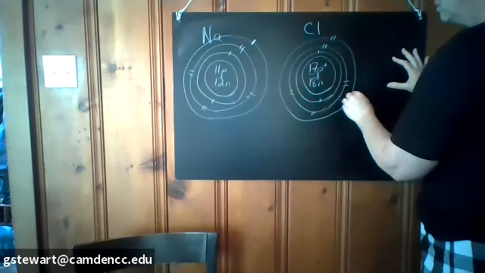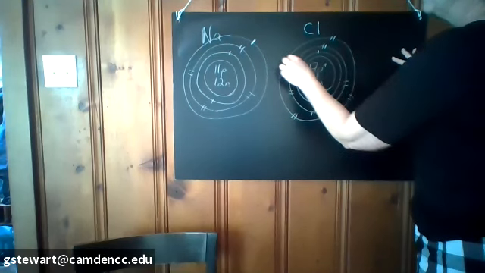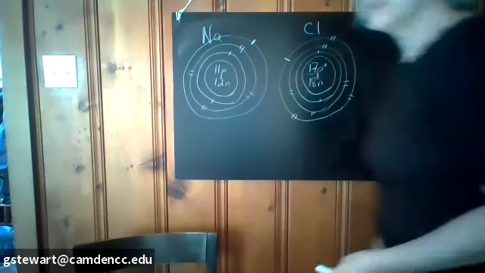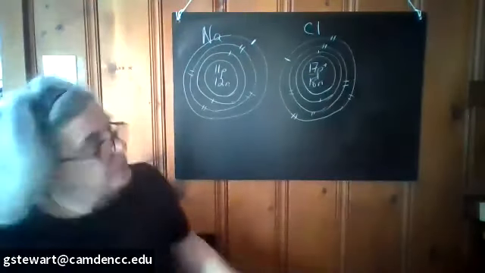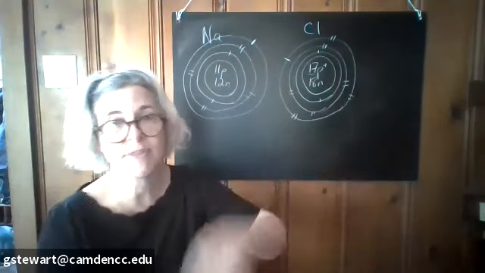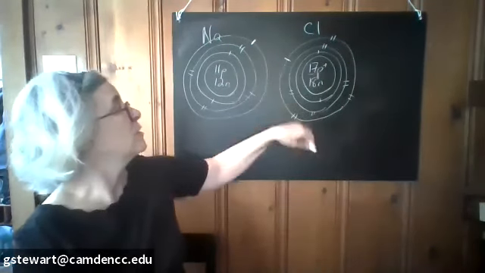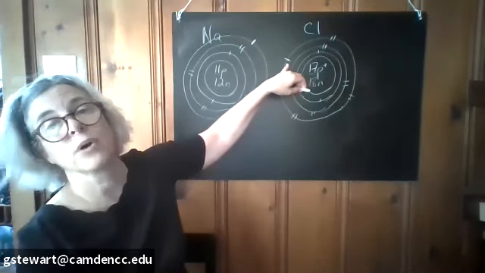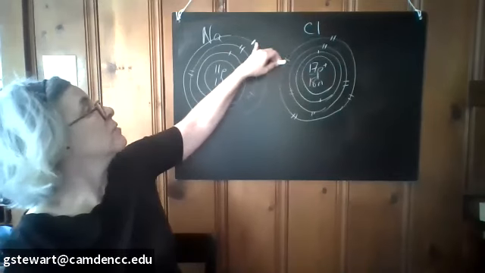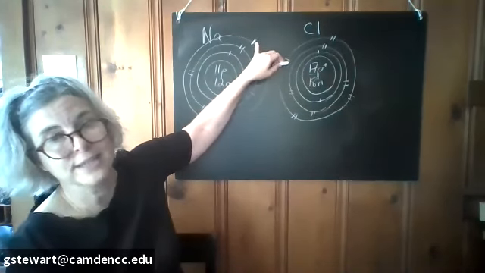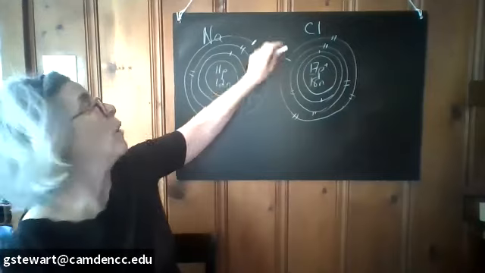So 1, 2, 3, 4, 5, 6, 7. Again, those of you that have had a little bit of chemistry know that atoms prefer to have their valence shell, or their outer shell, full. So in this case, chlorine would like to have 1 more electron out there. And since sodium only has 1 electron, it's very likely it's going to give that electron away.